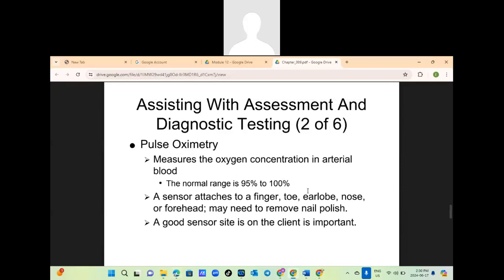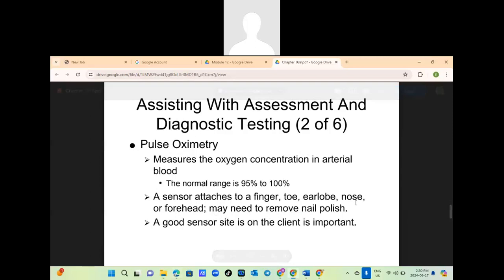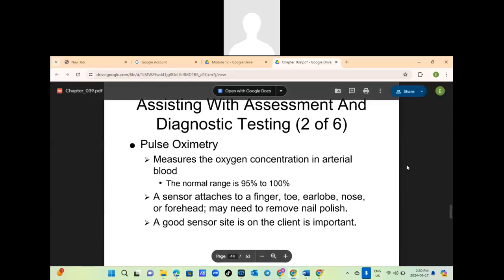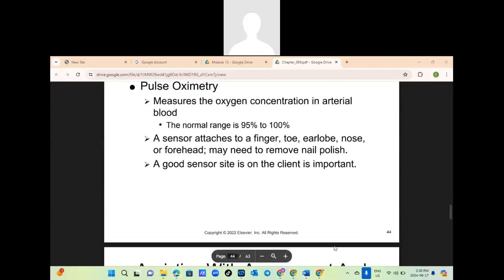A sensor attaches to a finger, toe, earlobe, nose, or forehead; you may need to remove nail polish. A good sensor site is on the client. All right, that is very, very important.